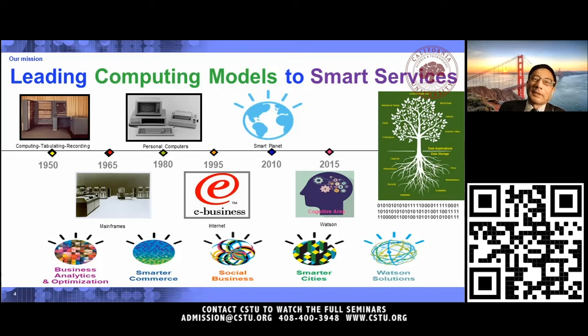And later on, we have this cognitive area. IBM has Watson, something like that. And generally, we have this smart service. When we see a tree, we see the leaves, we see the fruit. Those are the data applications. It's a smart service product. Then there is e-business, blockchain, artificial intelligence, fintech, whatever. And the root part is the data, how to manage the data.